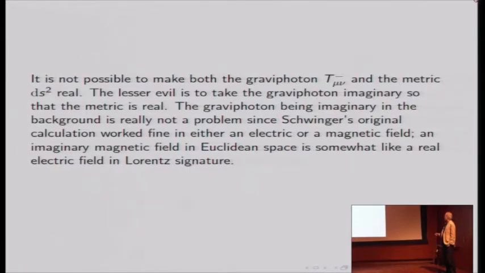Another explanation is that Schwinger's original calculation worked fine in either an electric or magnetic field. An imaginary magnetic field in Euclidean space is rather like the real electric field in Lorentz signature that Schwinger actually studied. So anyway, the background that we need for the Gopakumar-Vafa calculation exists. It's not real. And it turns out later on that the fact that the background isn't real avoids some puzzlements one might have had about their formula.